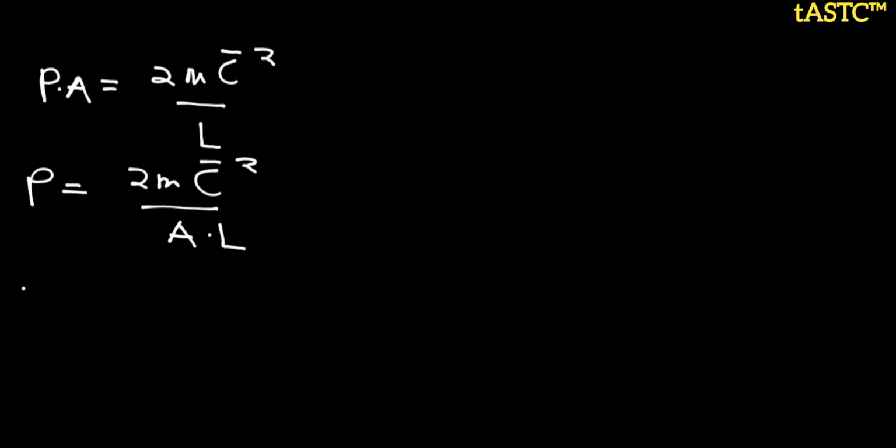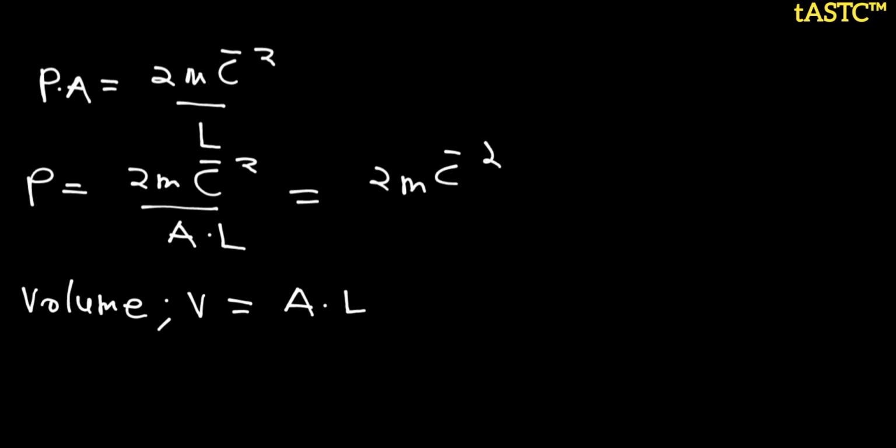Now we know that the volume of a cube, which is written as V, is the same thing as the area multiplied by L. So in this case, I'm going to substitute AL with V. So this is equal to m c bar squared divided by V. Now what is V?